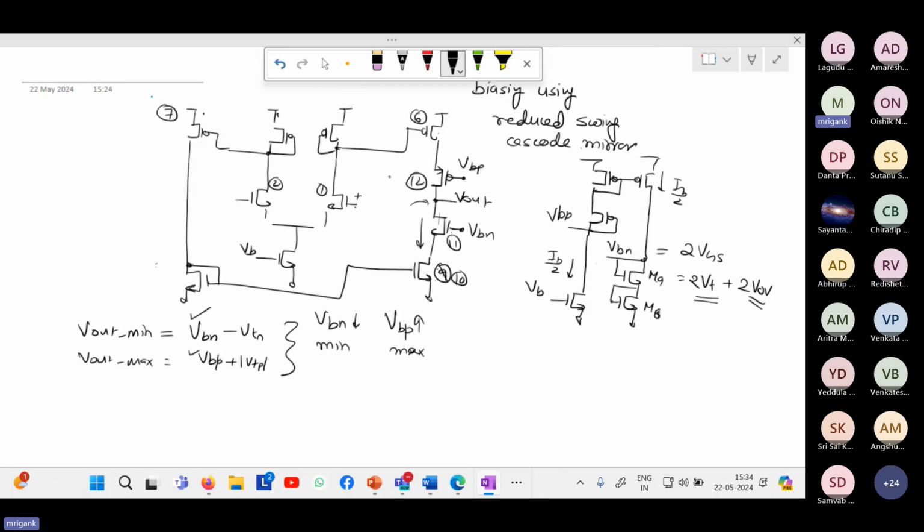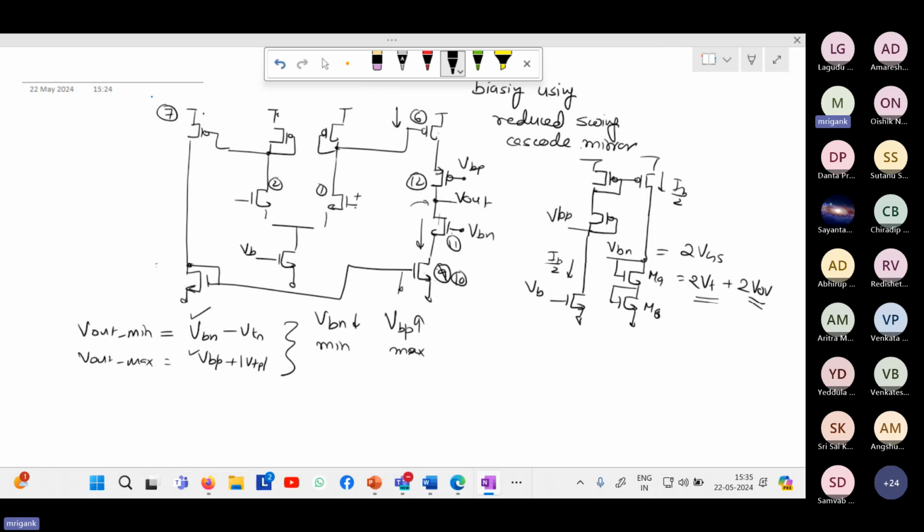If the ratio is not maintained and your M9 is increasing and M11 is the same, then first of all, the DC bias current is decided by these two branches, M6 and M9, M10, because ultimately the VGS of M10 and VSG of M6 is being fixed by the previous stage.